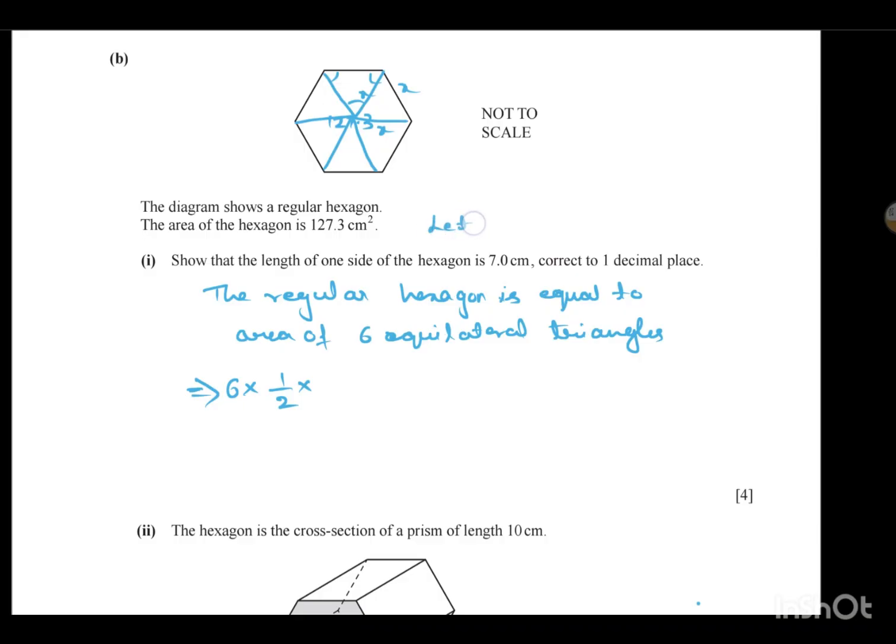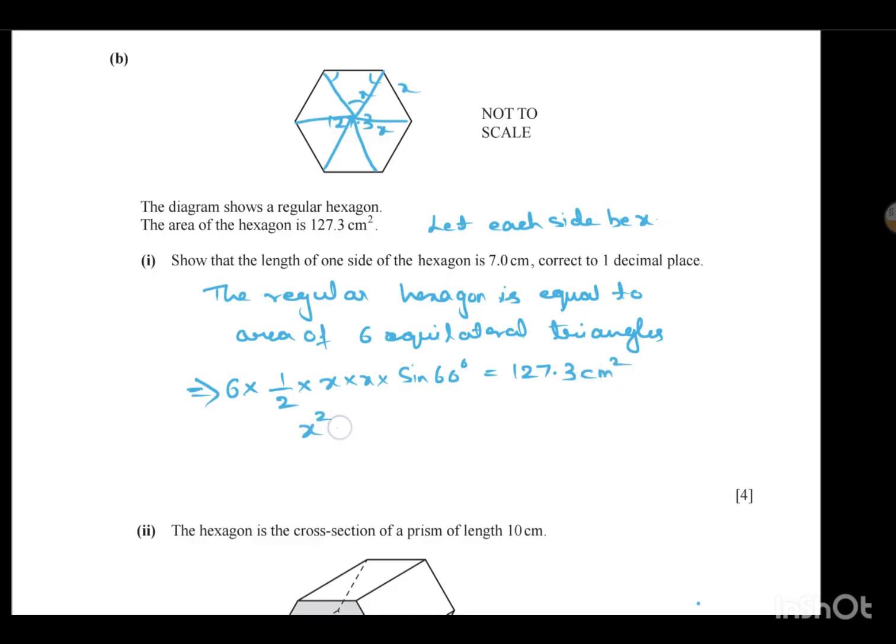Let each side be x. x into x into sine 60 is equal to 127.3 centimeter square.